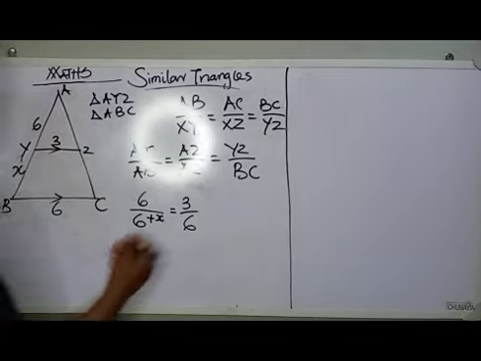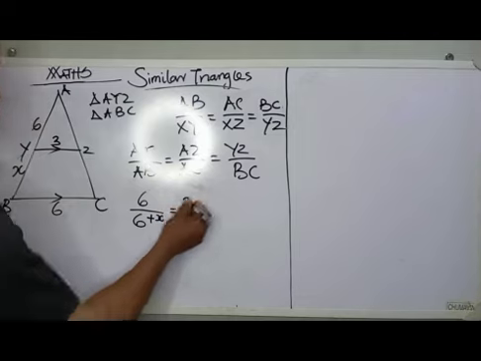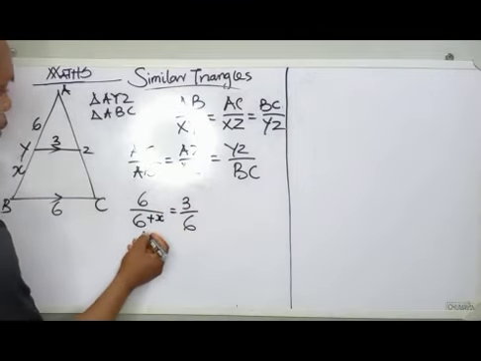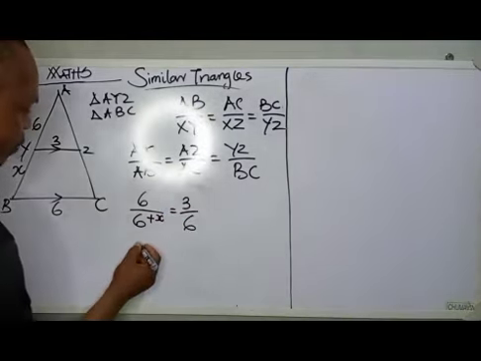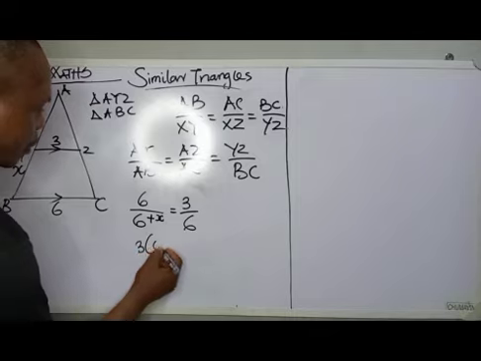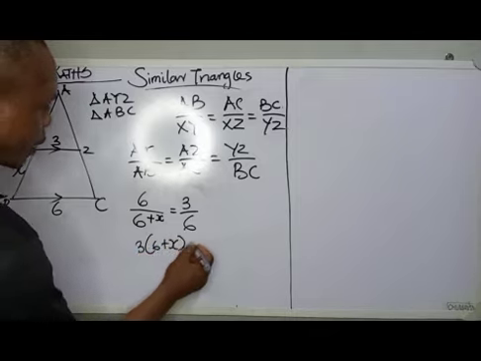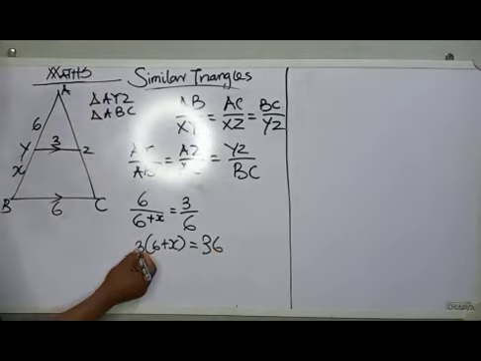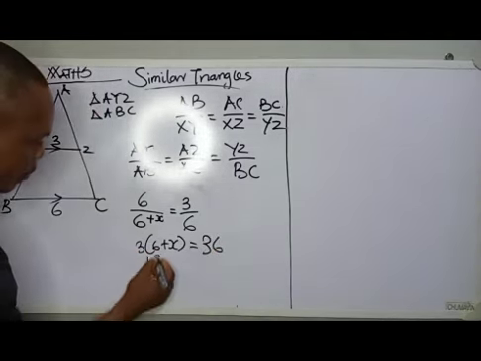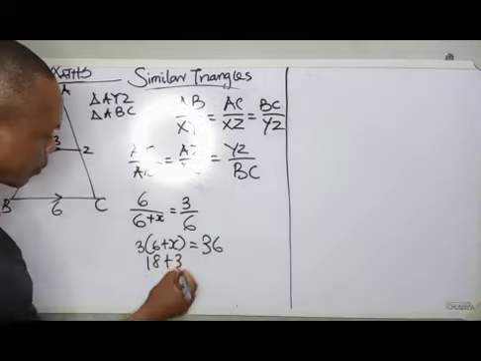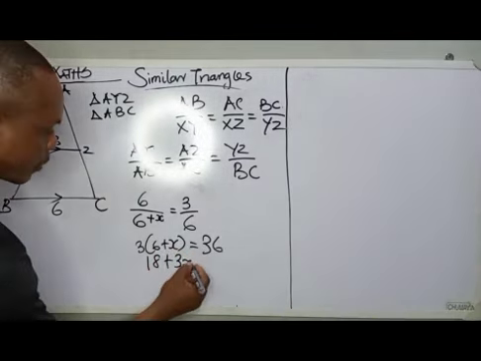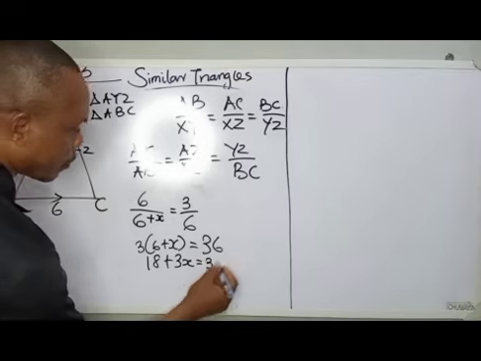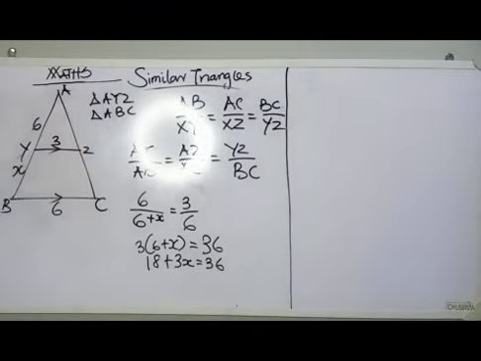So if that is the case, I'm going to multiply this and multiply this. So 3 times 6 plus x, 3(6 + x), equals 6 times 6, that's 36. 3 times 6 is going to give me 18 plus 3x, so 3 times x is 3x, equals to 36.